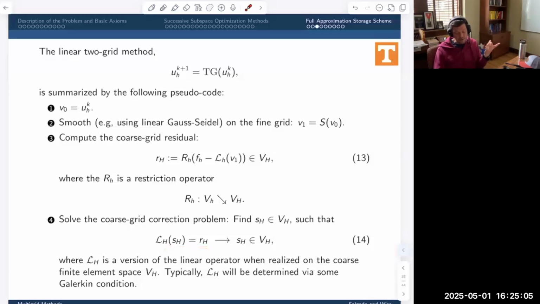And in the two-grid algorithm, you solve it exactly, and you get this thing we're going to call SH here. This SH is kind of like the pre-coarse grid correction in some sense. It's just a solution of that equation. It lives on the coarse grid.